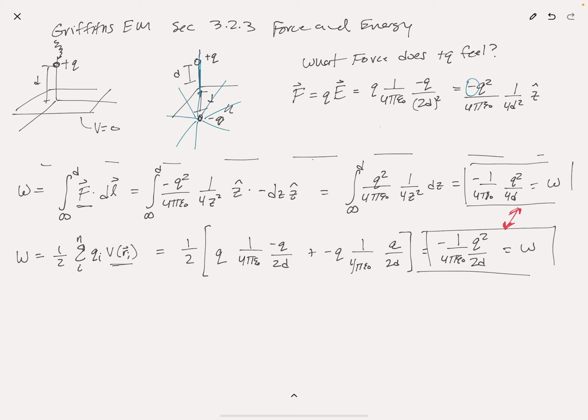Let's borrow from our third strategy of calculating the energy of a configuration. I can say that the energy is epsilon naught over 2 times the integral of E squared d tau, where d tau is all space.